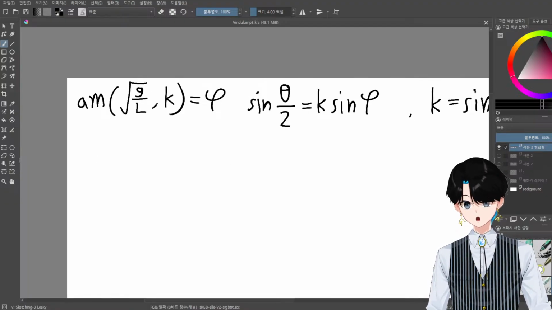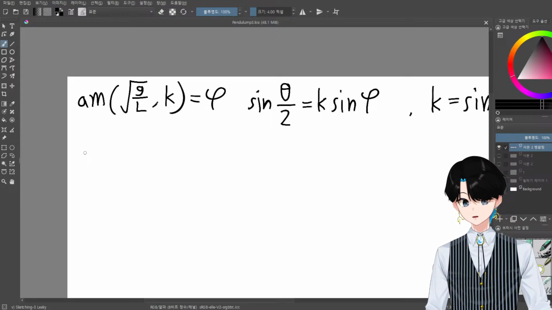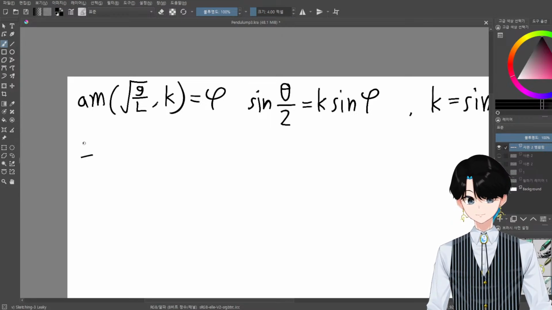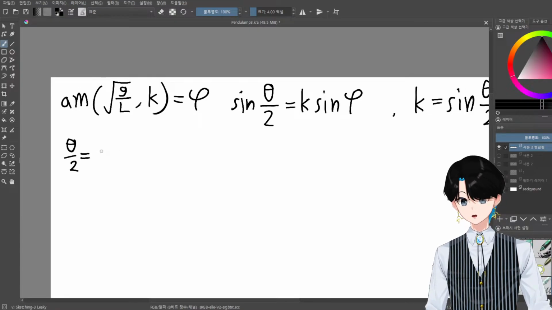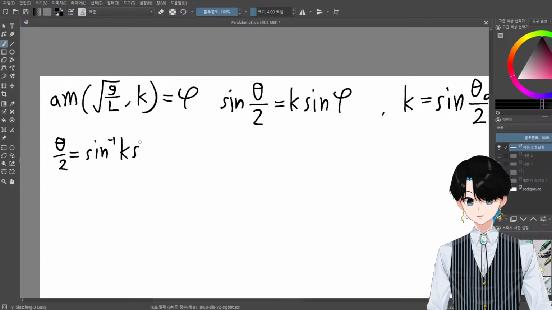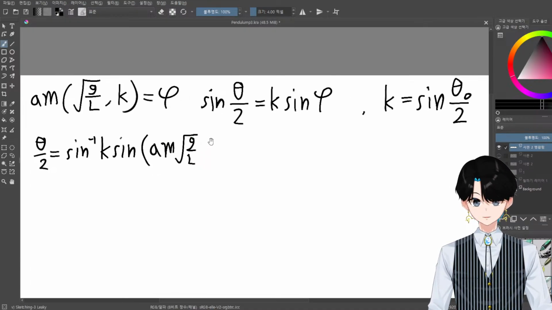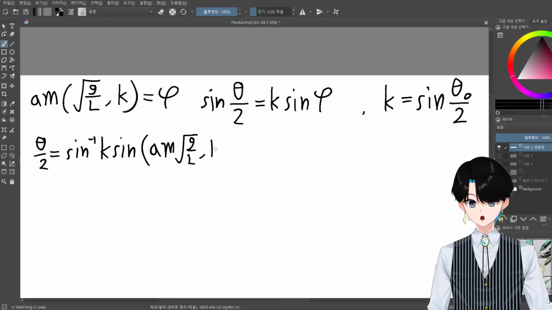The sine addition right here can be turned into theta over 2 is equal to inverse sine of K sine. Now we can just name it as Jacobi amplitude G over L, comma K.